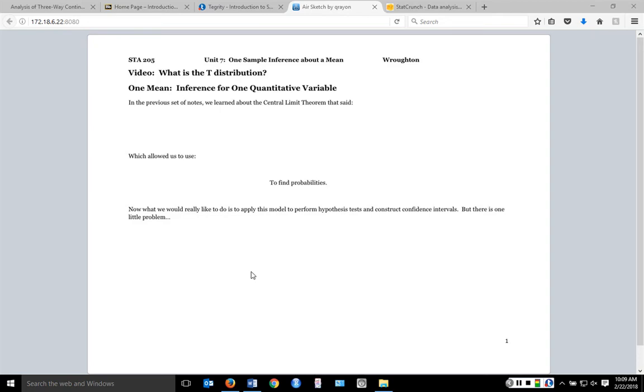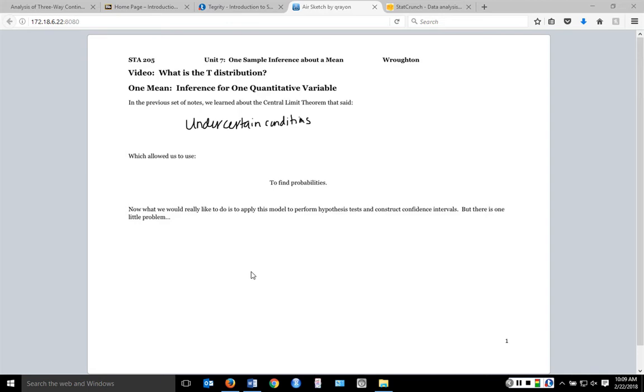So in our previous unit, we learned about the central limit theorem. And the central limit theorem told us that under certain conditions, which of course we discussed in that set of notes, we would be able to use the following.